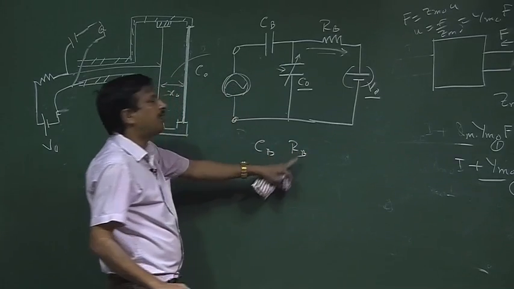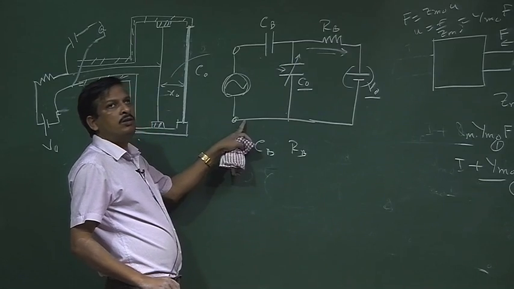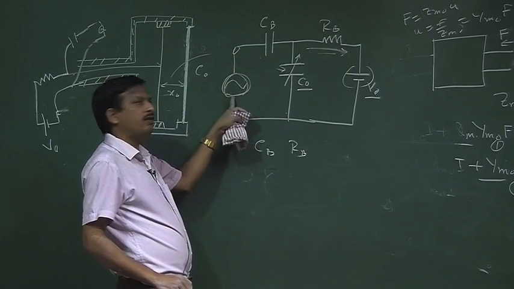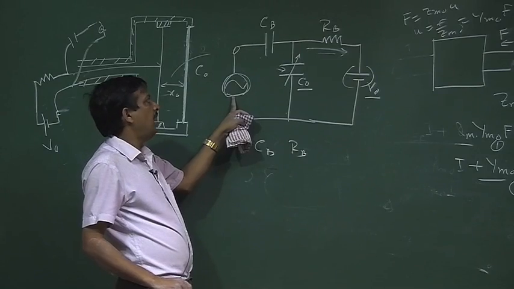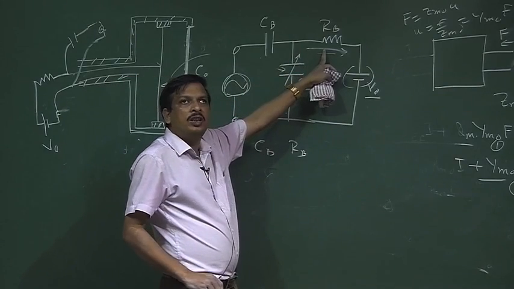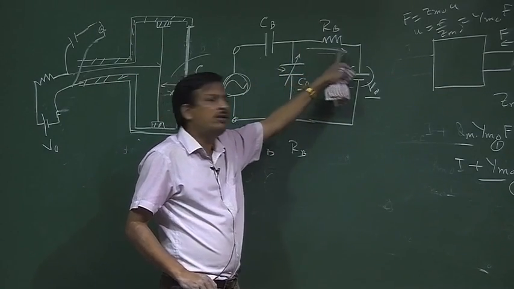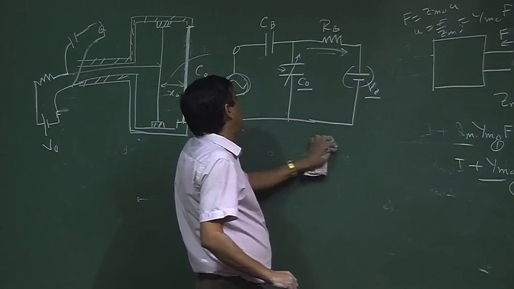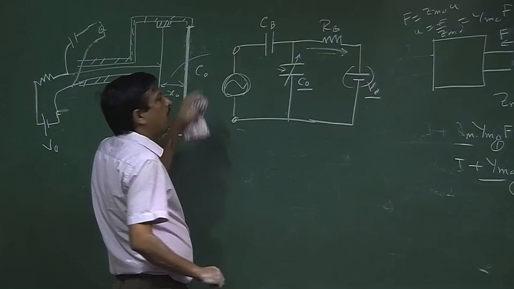So, RB and CB are required: CB blocks the DC shift from entering the applied signal, and RB resists the signal from being lost on the other side.